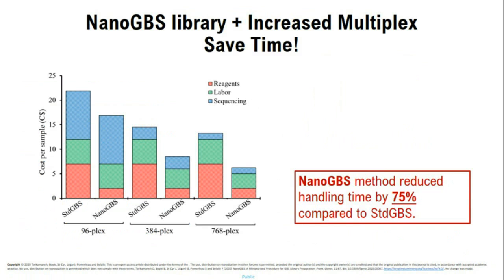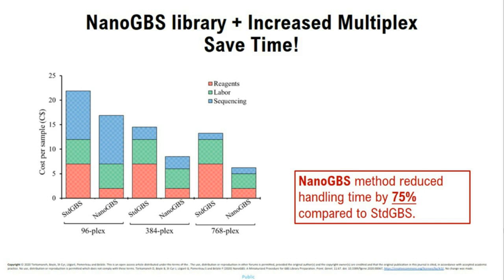Finally, we tried to use the NanoGBS library and increase the multiplexing level. Instead of doing only 96 samples, we increased the number of samples to 384 and 768 samples together, sequenced them, and tried to estimate the cost.